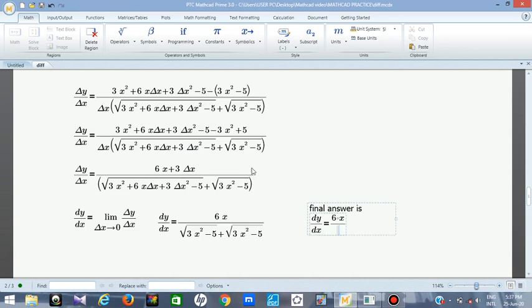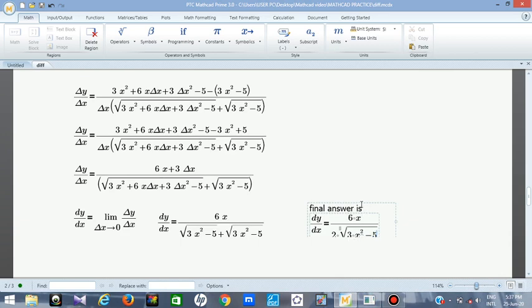Let's remove this. You know this denominator, square root 3x squared minus 5 plus square root 3x squared minus 5, they are like terms. So we are going to have 2 root 3x squared minus 5.